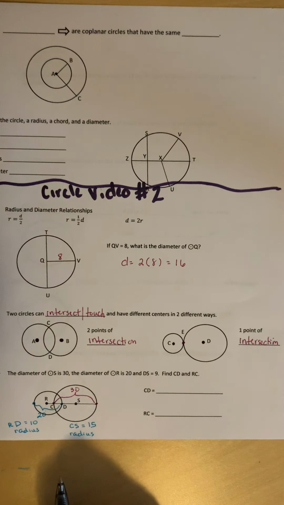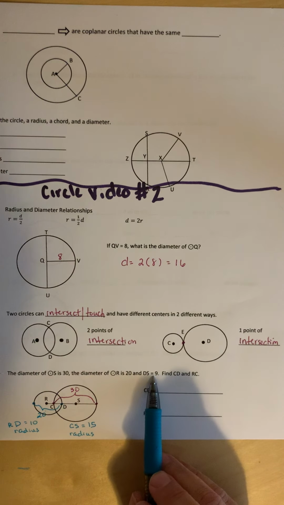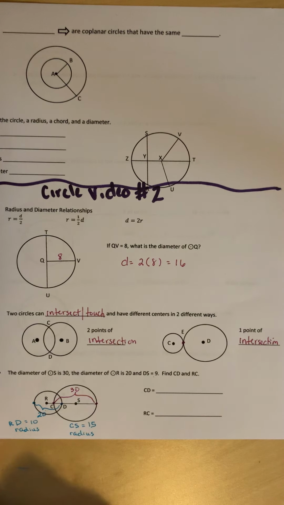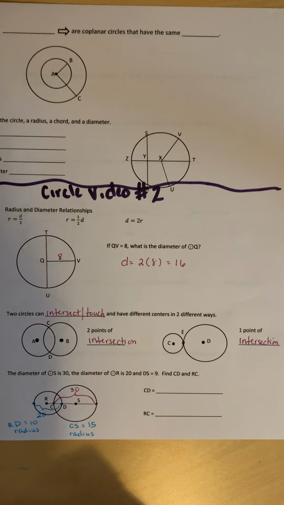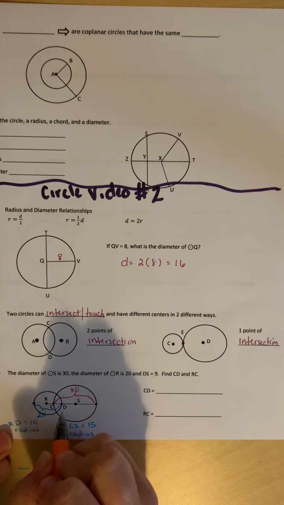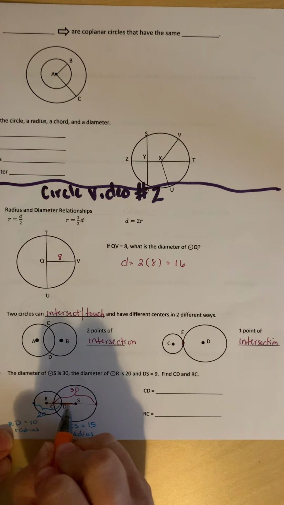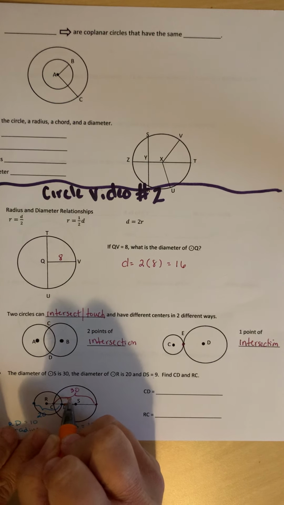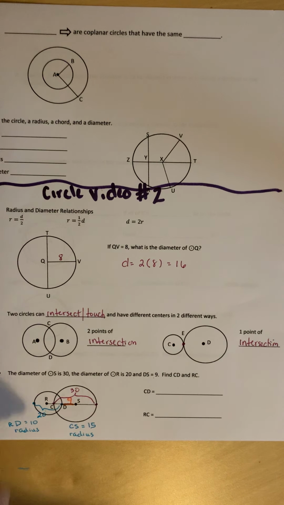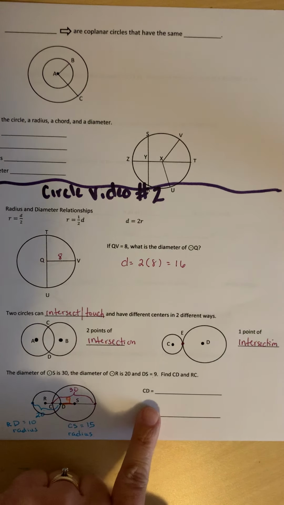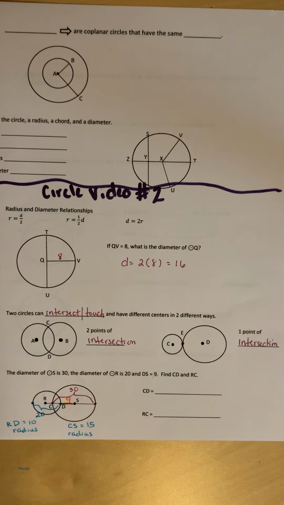So in both of these cases, we know what the diameter is. Now it says DS equals 9. So this part right here, DS, is 9. So this section is 9. We need to figure out CD and RC.